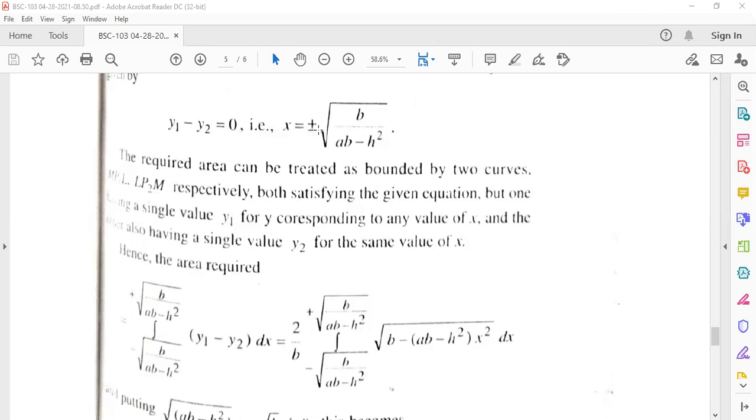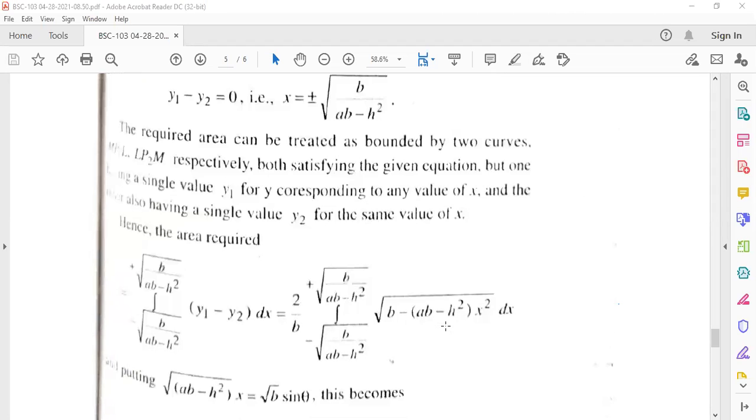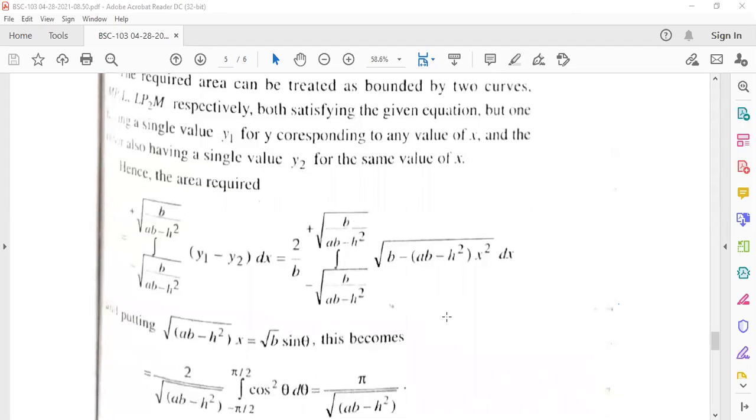Here we are just making the calculation. You can understand it. I will give this note, then you can understand it. So here the main thing is the value of the integration which is given here.